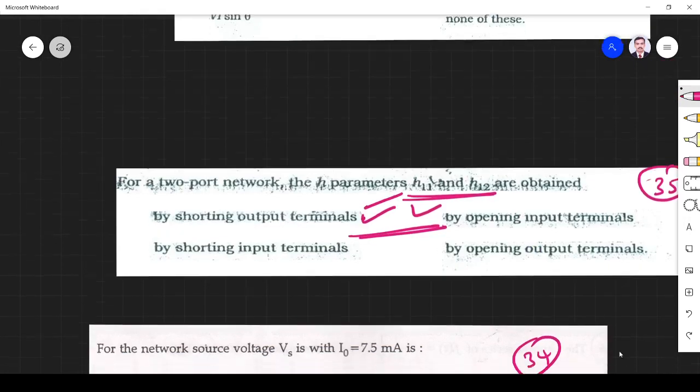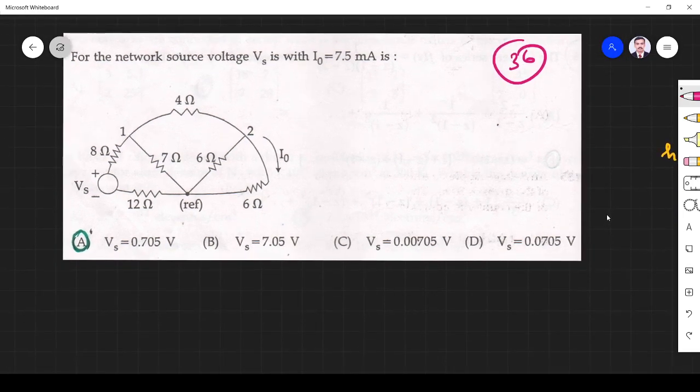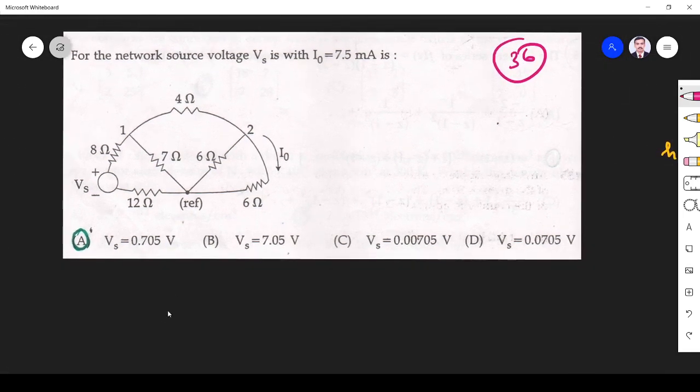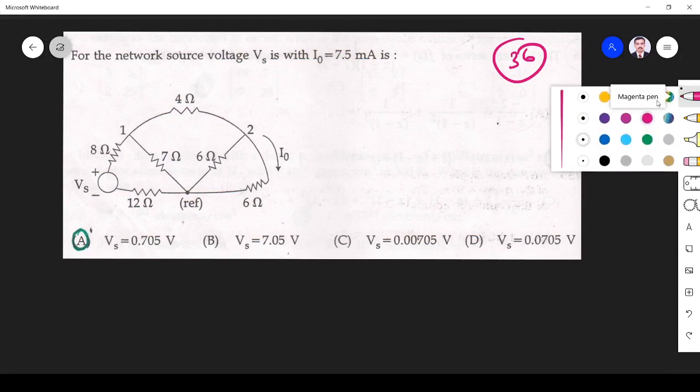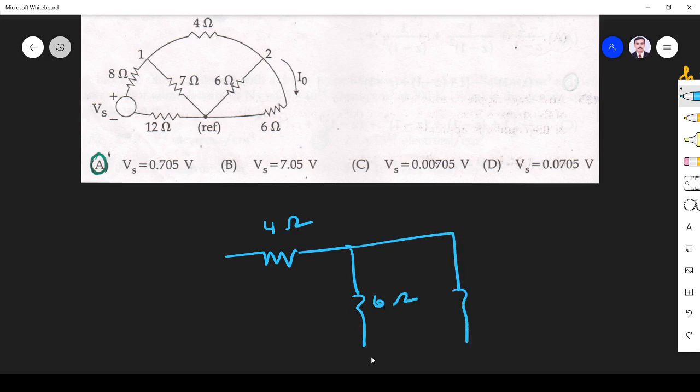This is question number 36. What are they asking? For the network, the source voltage Vs and I0 are given. What is Vs? Let me redraw this circuit. This 4 ohm will be as it is. Here 6 ohm, here 6 ohm. Let us make this the reference.